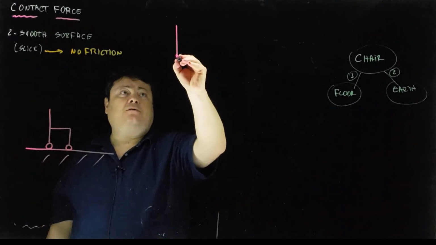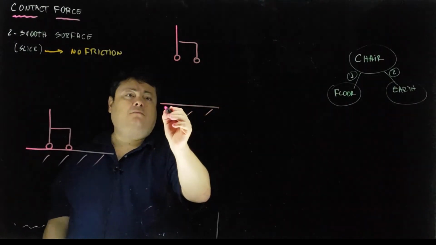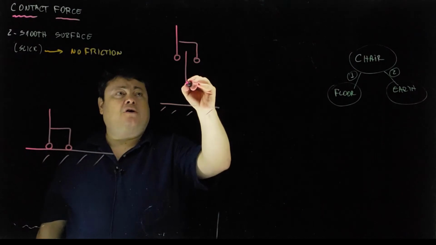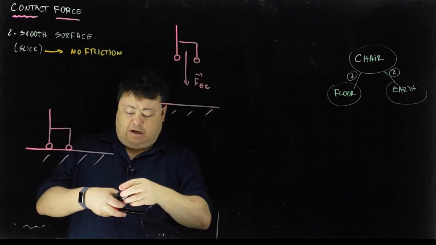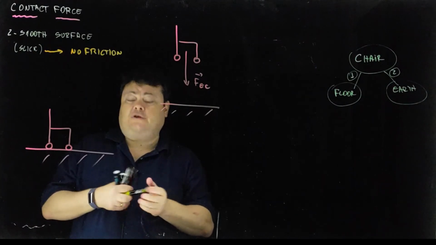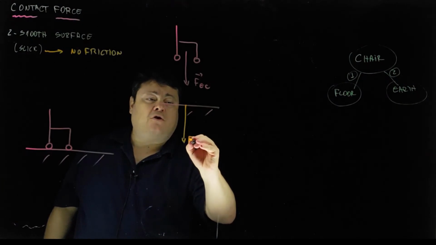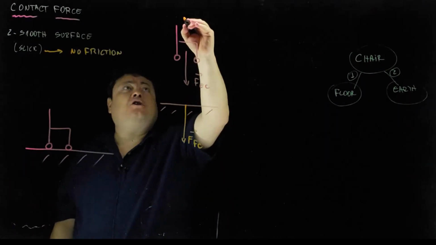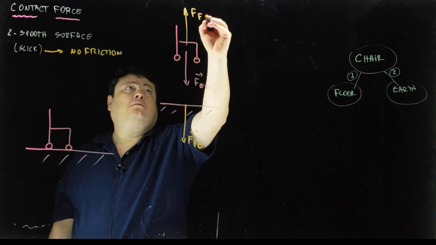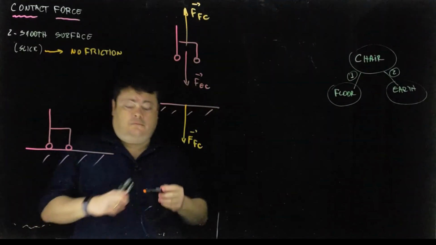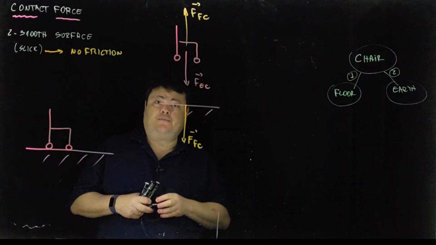If here is my chair, and here's the floor, I'm going to have a force of the earth on the chair. Then the chair will exert a force down on the floor, force of the floor on the chair, and then the floor exerts a force up on the chair.